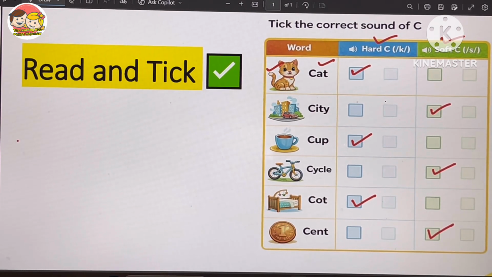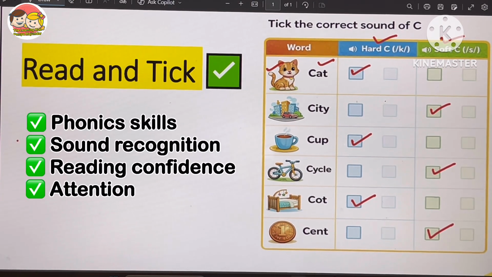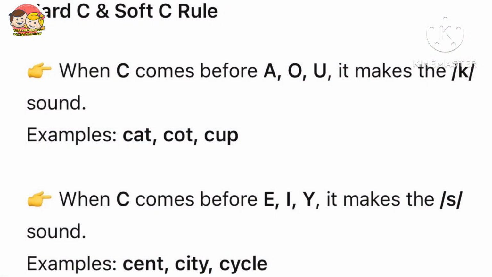Well done! This activity improves phonics skills, sound recognition, reading confidence, and attention. So today we have learned hard C and soft C sound. Hard C says k, k, and soft C says s, s.